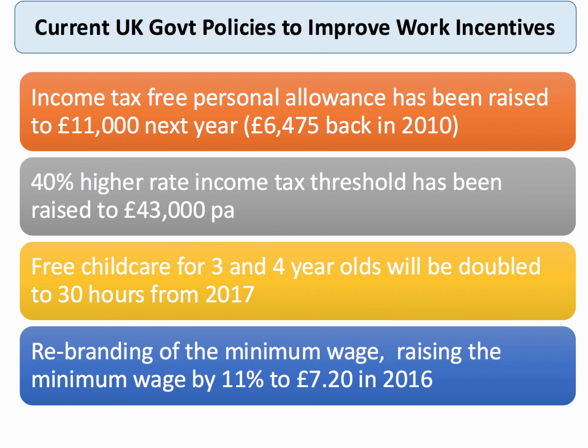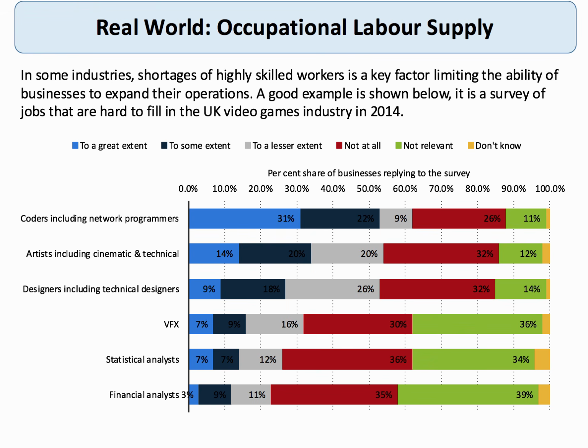Although, of course, the key issue is whether there is enough supply of people working in the childcare sector. And George Osborne has rebranded the minimum wage, increasing it to £7.20 in 2016. So quite a few government policies there to use in your exams, designed to improve work incentives and also, of course, to expand the labour supply.